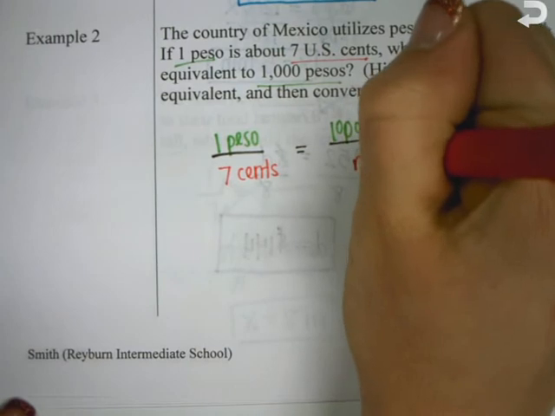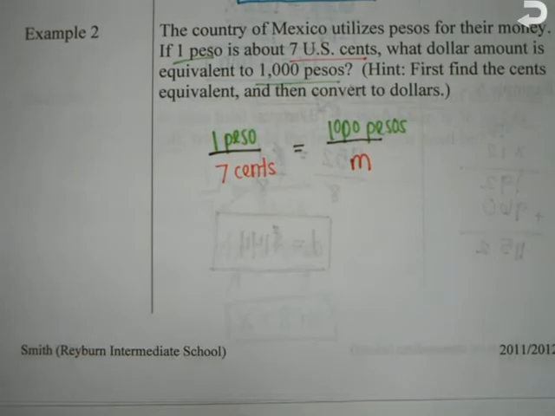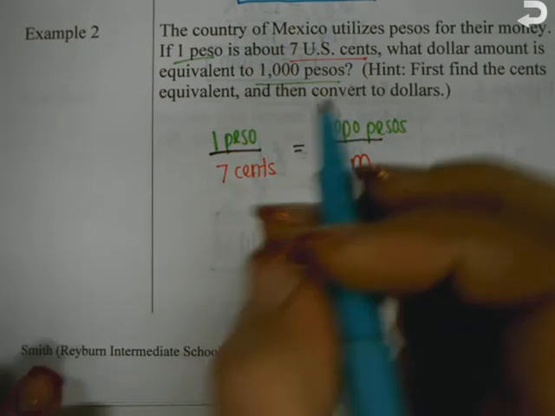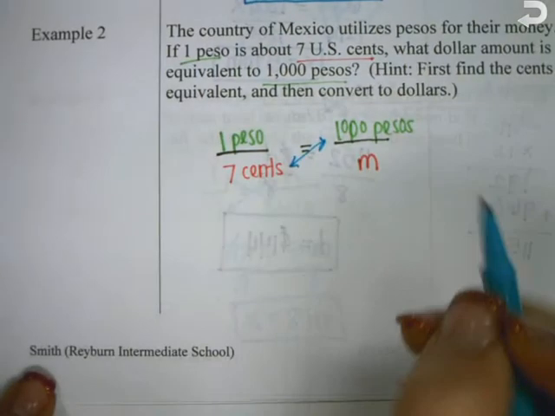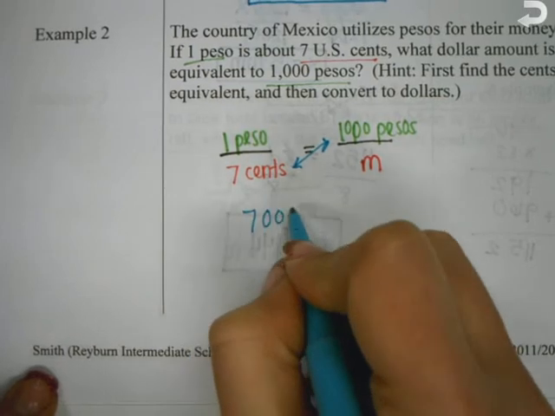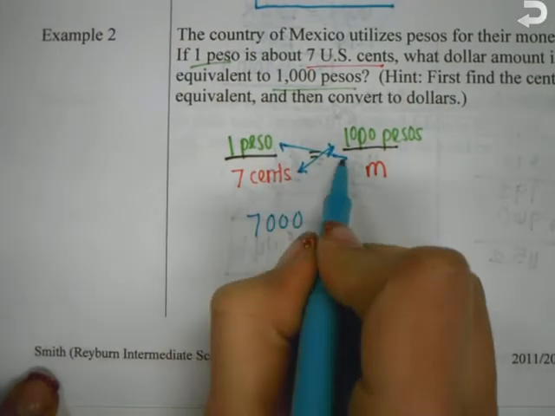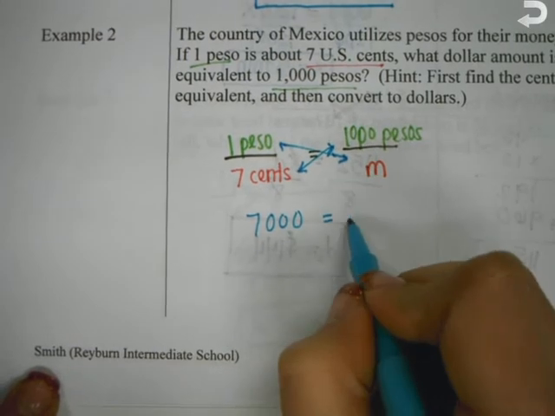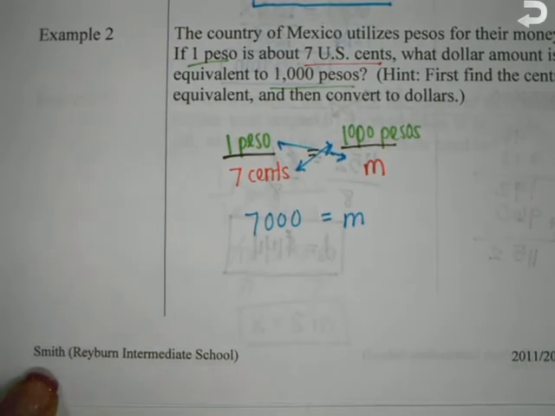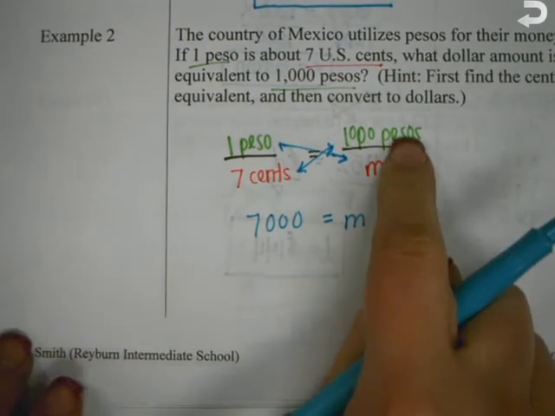Okay. So what we're going to do here is we are going to cross multiply. So I have 7 times 1,000, which gives me 7,000, equals 1 times M, 1M. So 1,000 pesos is how much in cents? 7,000 cents.